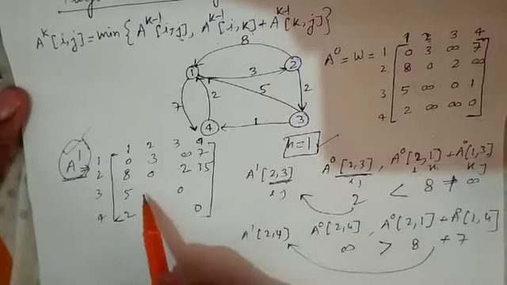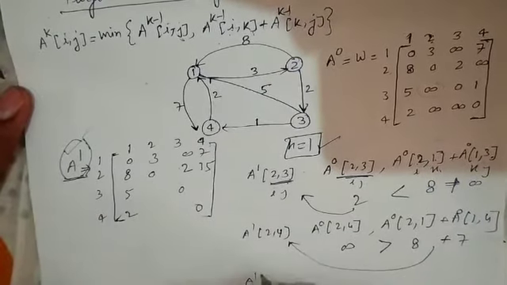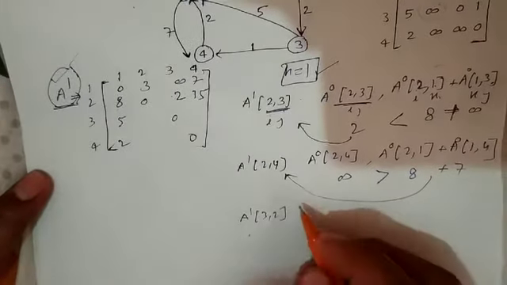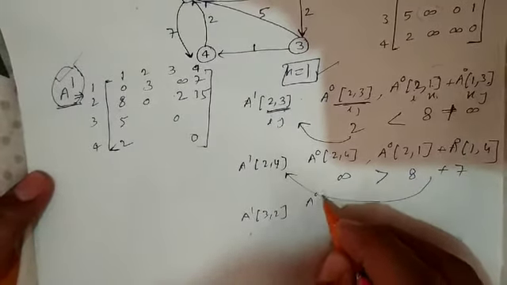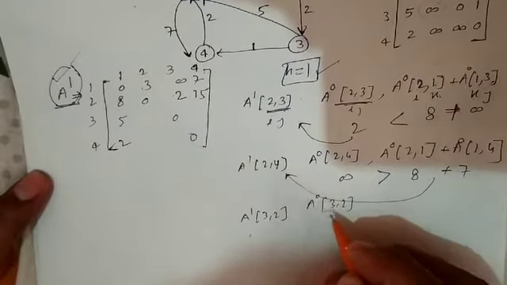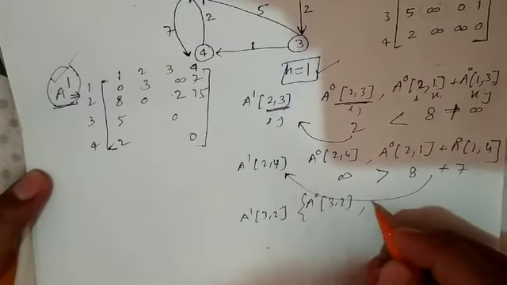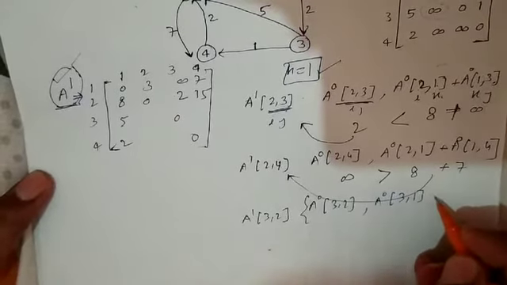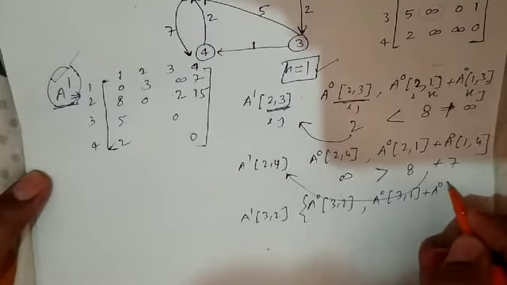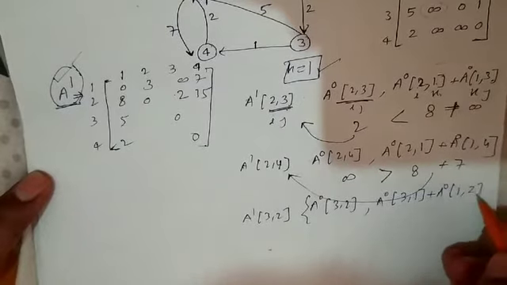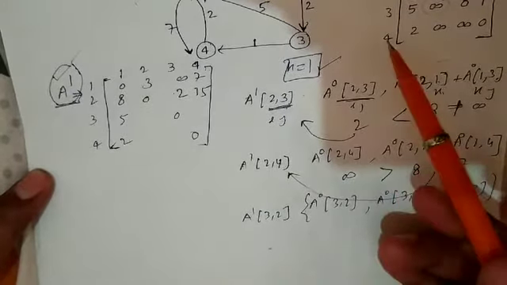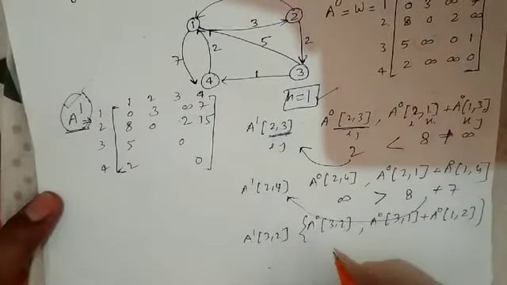Similarly, if you want to calculate the value of A1 3, 2, it can be calculated as either the previous value of 3, 2, or the previous 3, 1 plus the previous 1, 2. The previous value of 3, 2 is infinite.